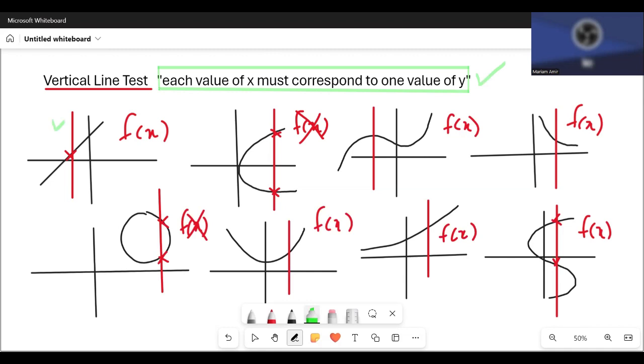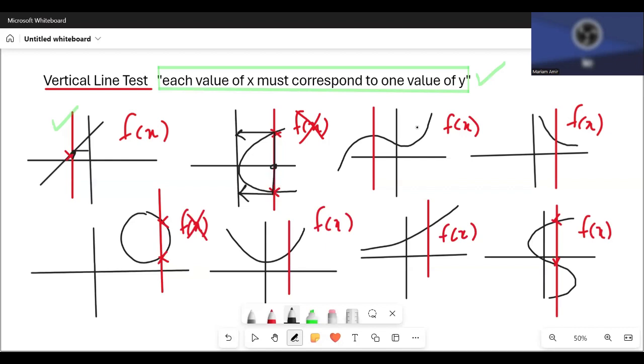If it is a function, then one value of x will only give you one value of y. Look at this: for this point, whatever this x is, it's only giving you one value of y. But here, a single value of x is actually giving you two y's, so this can't be a function.